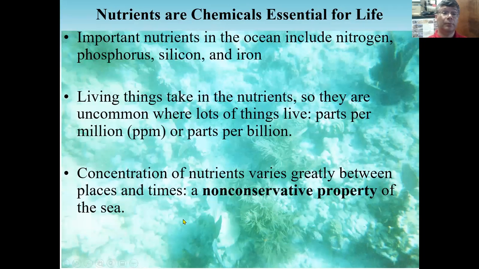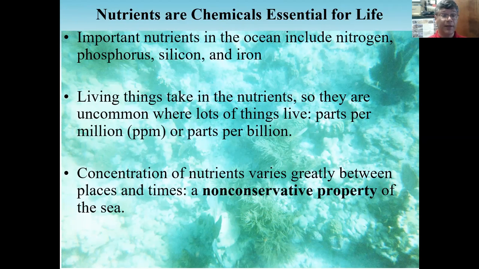Other things, there are a variety of mineral nutrients, things like nitrogen in the form of stuff like nitrates or ammonia, phosphorus, silicon, iron, various others. Sorts of things you'd see if you were reading the ingredients in a multivitamin.